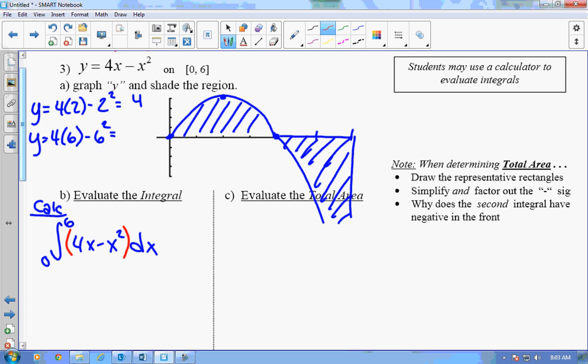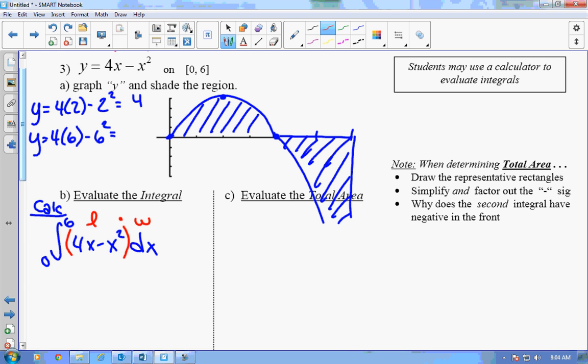Because what are we doing with an integral? We're finding area, aren't we? An area is length times width. dx is your width. The 4x minus x squared, or the function, is your length. So you have to have all of that being multiplied. Okay? So you go to math, number 9, I think it is.